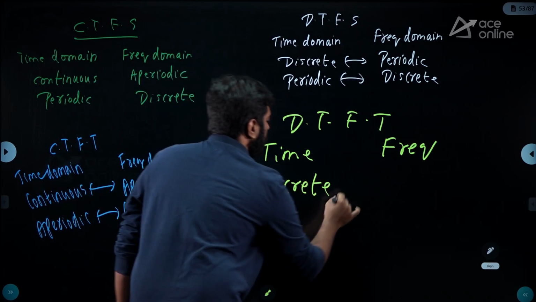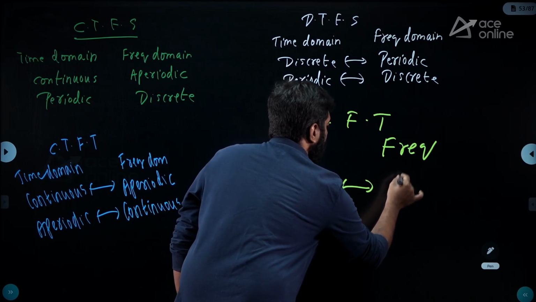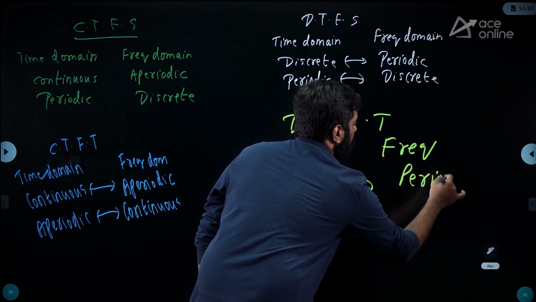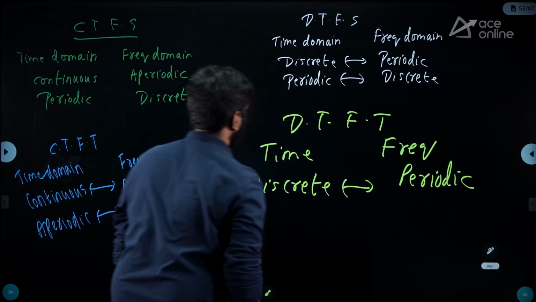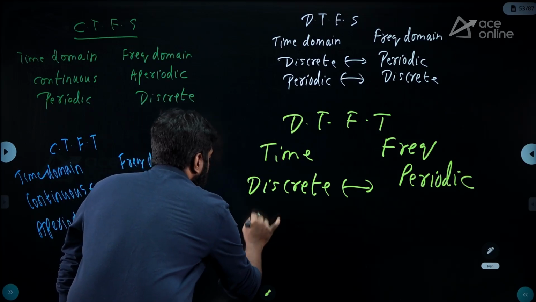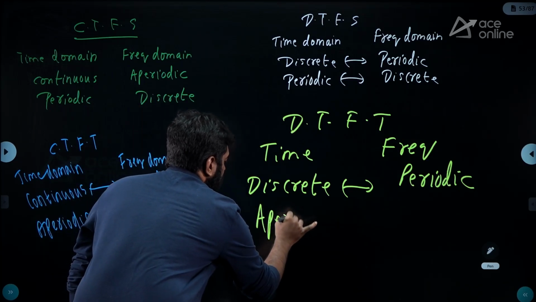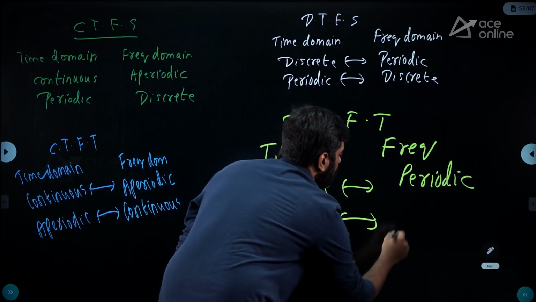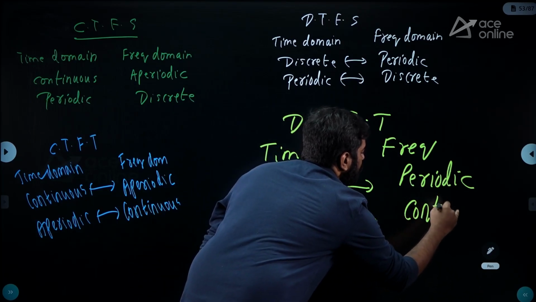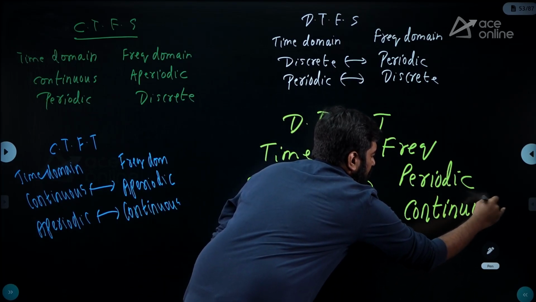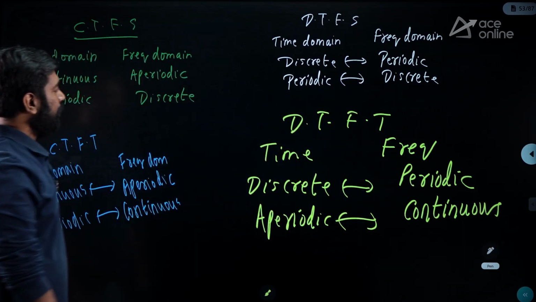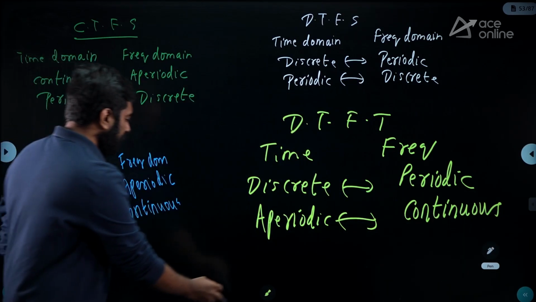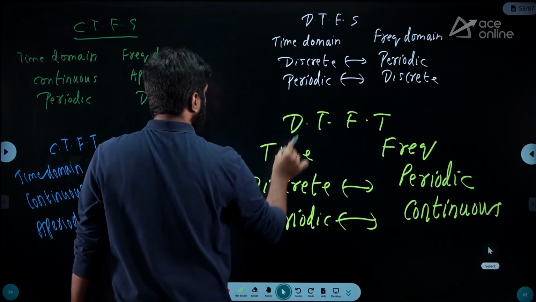If it is discrete in one domain, then in the other domain it is periodic. It is aperiodic in time. So due to this aperiodicness, in the frequency it shows continuous. It's a continuous function in the frequency domain. So this is about DT-FT, students.